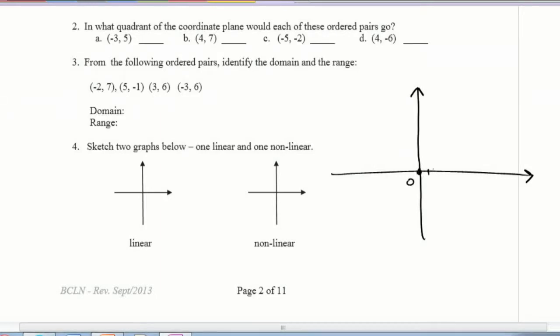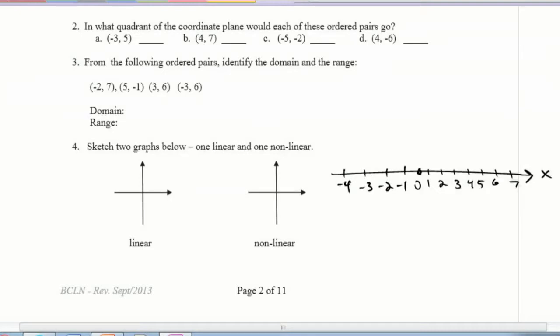Everything going to the right along here, these are our x values. These are all positive values: 1, 2, 3, 4, 5, 6, 7. If you want to think about it, it's just a number line. If I have 0 in the middle and I go to the left, then I have -1, -2, -3, -4.